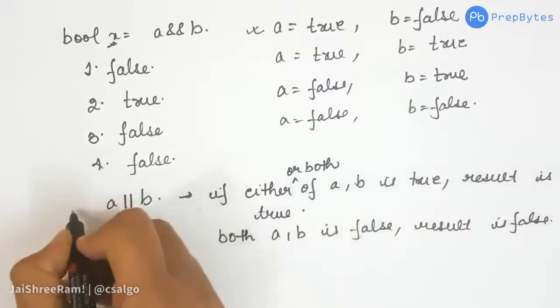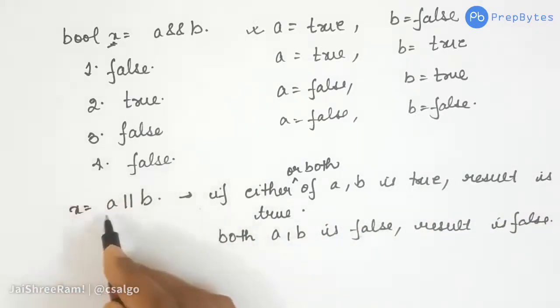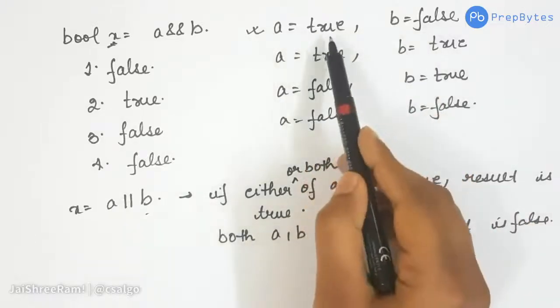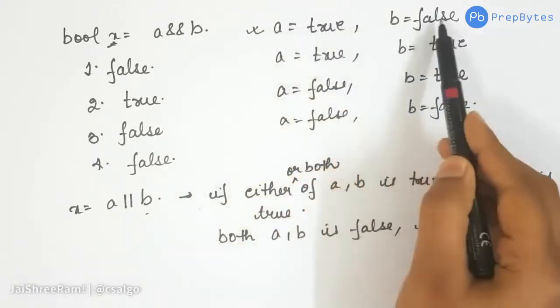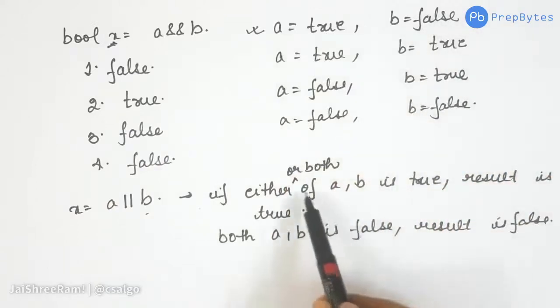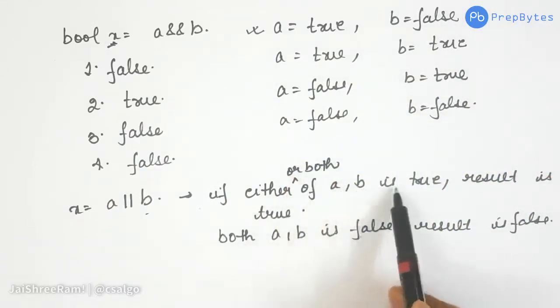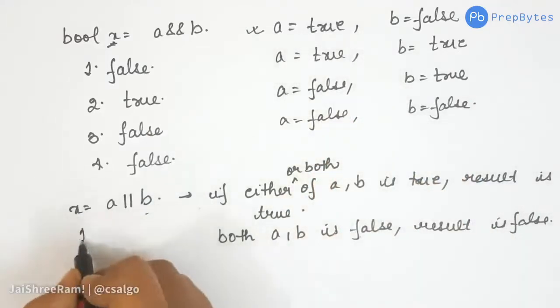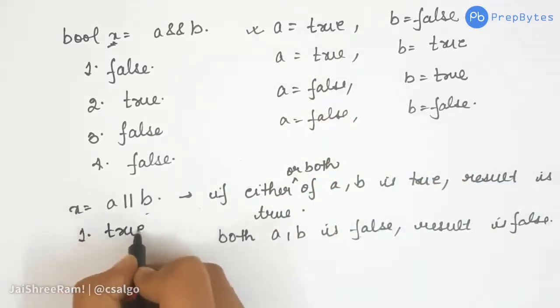So if I write something like x equal to A or B, considering the same set of values, in the first case we have A equal to true, B equal to false. Here if either or both of A and B is true, here A is true, so in the first case my value will be true.